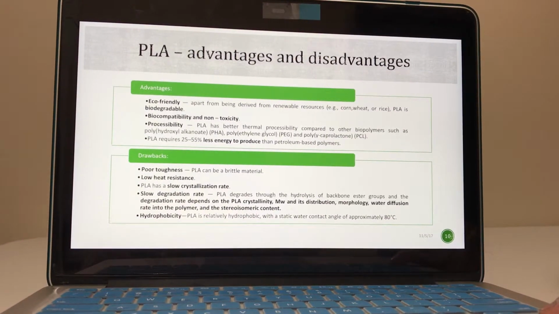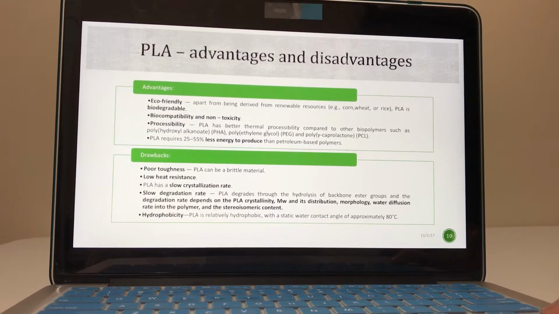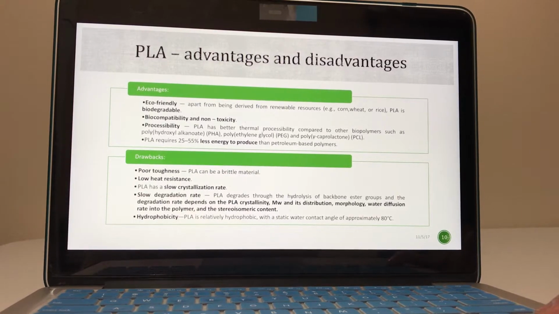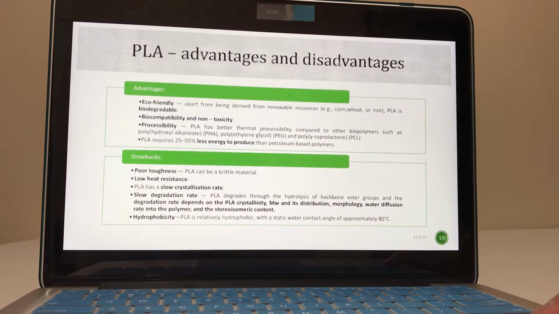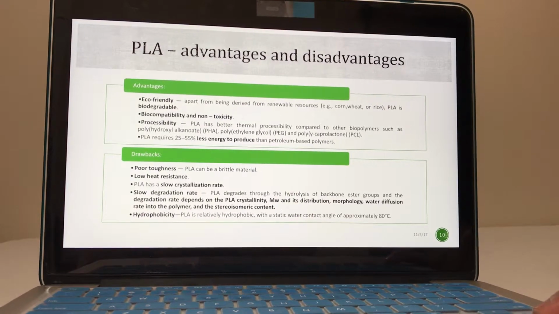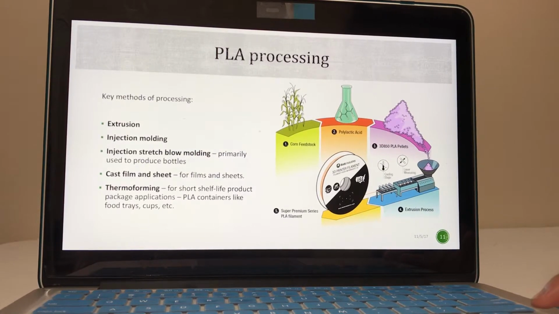Nearly 50% less energy consumption to produce PLA when compared to the fossil fuel-based polymers is a huge advantage. The drawbacks would be poor toughness, low heat resistance, slow crystallization rate, and hydrophobicity.